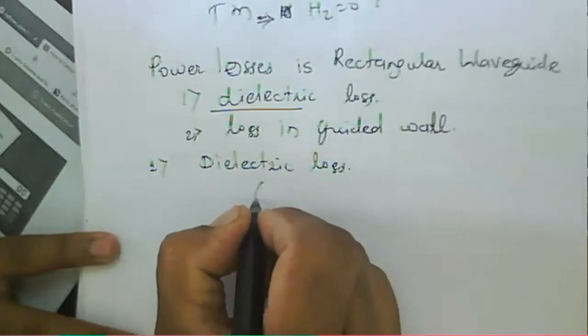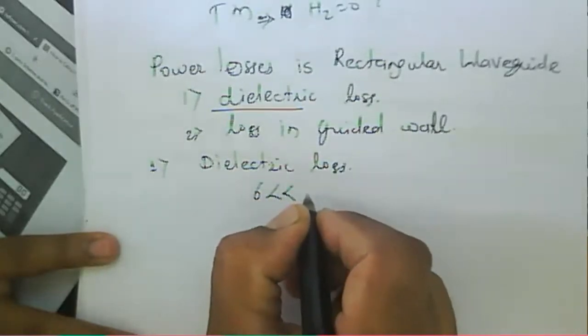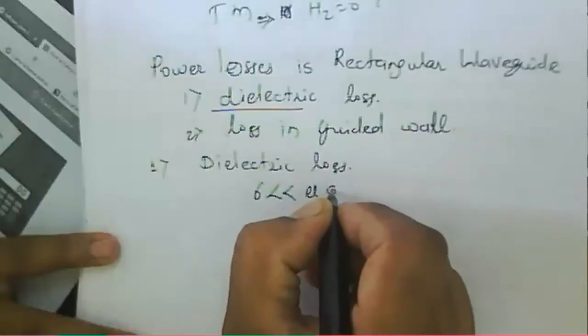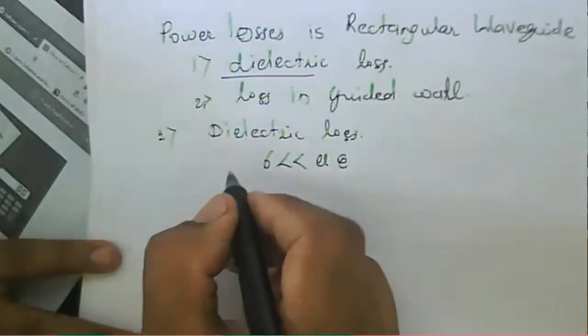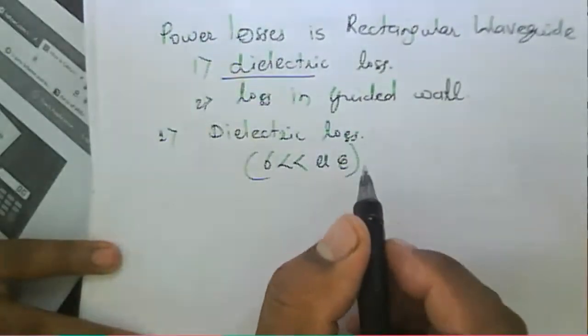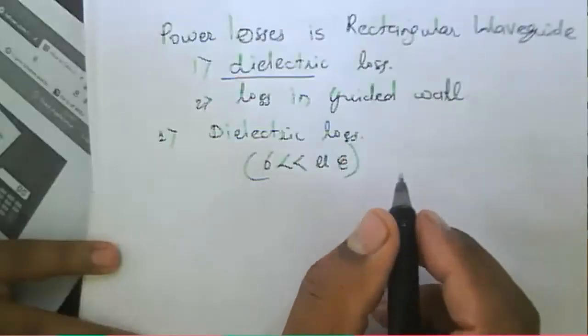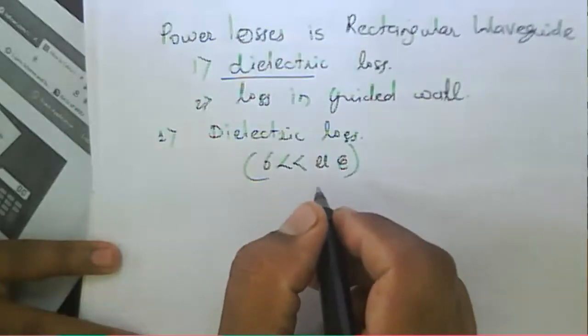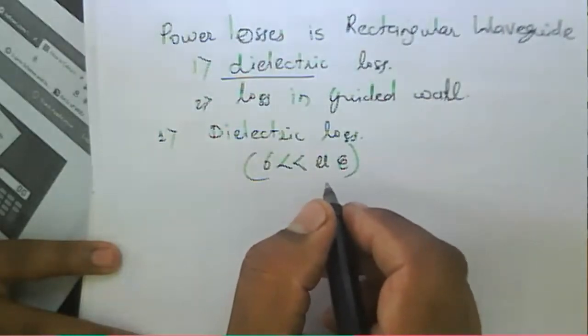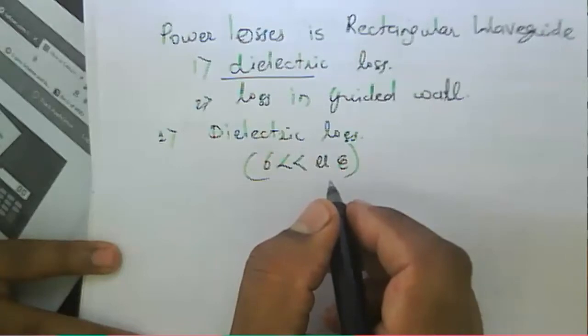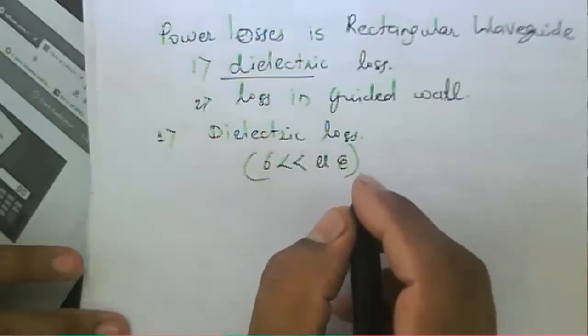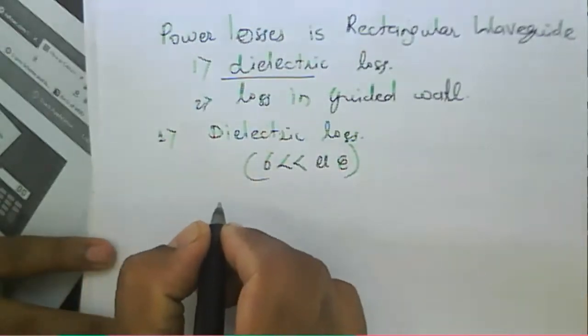If it is a low loss dielectric, then the conductivity sigma is very, very much less than mu epsilon. Then we find out the loss component.